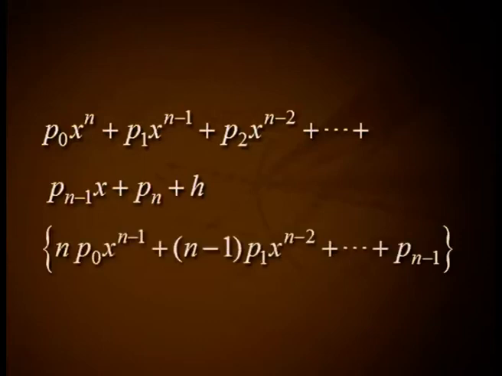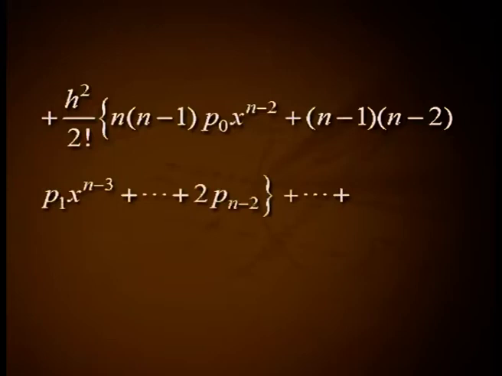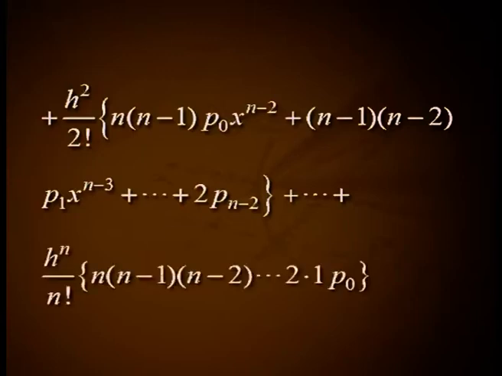Expanding each term and arranging the result in ascending powers of h, we have p0 x^n + p1 x^(n-1) + p2 x^(n-2) + etc. + p(n-1) x + pn + h[n p0 x^(n-1) + (n-1) p1 x^(n-2) + etc. + p(n-1)] + h^2/2! [n(n-1) p0 x^(n-2) + (n-1)(n-2) p1 x^(n-3) + etc. + 2 p(n-2)] + etc. + h^n/n! [n(n-1)(n-2) etc. 2 . 1 . p0].